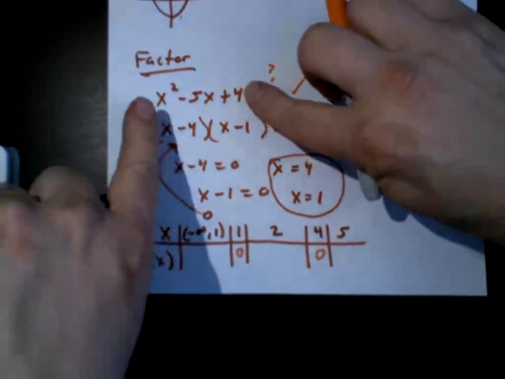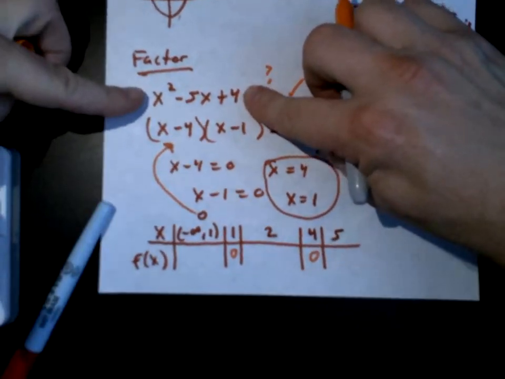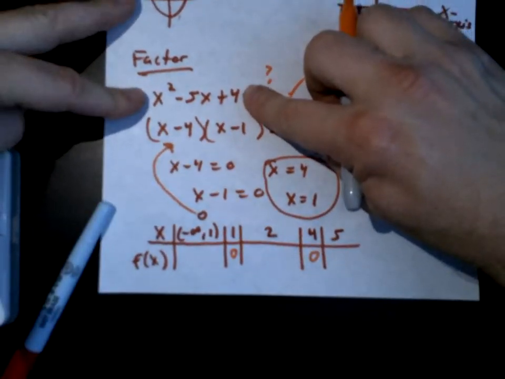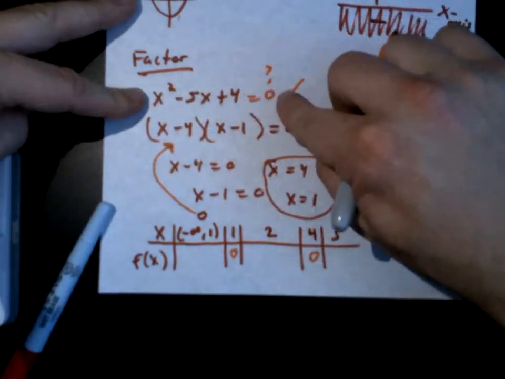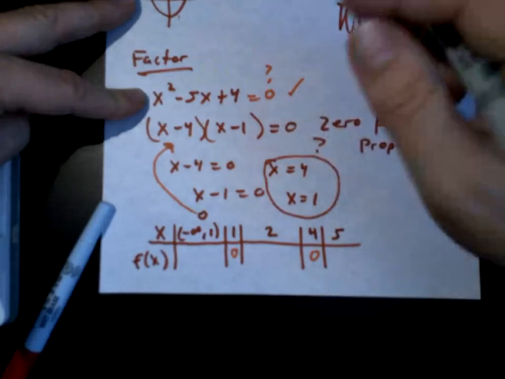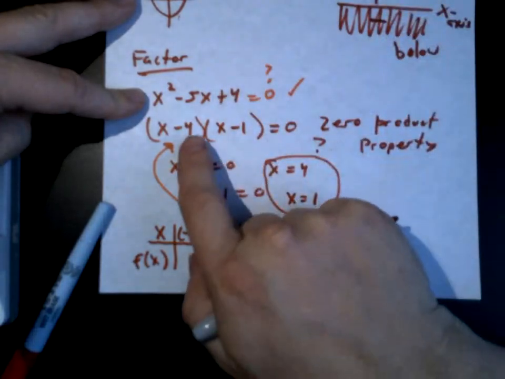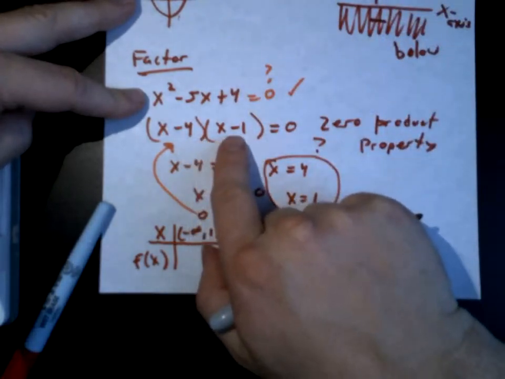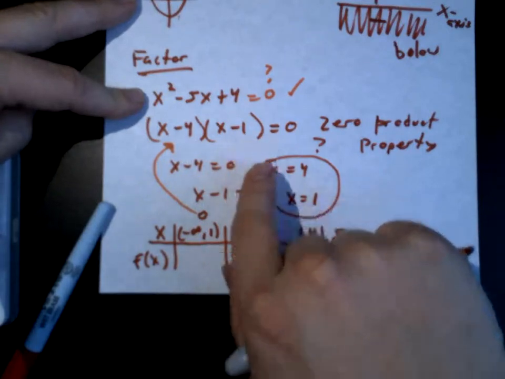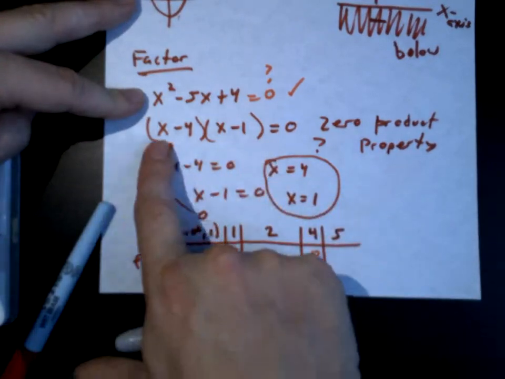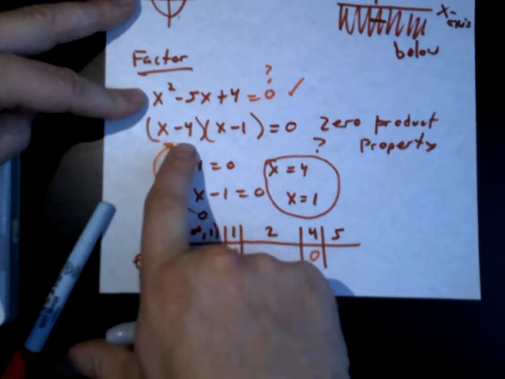You could use this form here. The only thing is you have to use squared, all that good stuff, and it has to equal whatever number it is. I'm going to use the factored form because it's a lot easier to compute. So if I put 0 into here, that's 0.